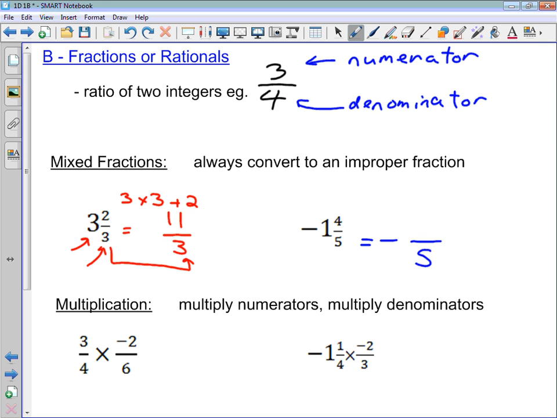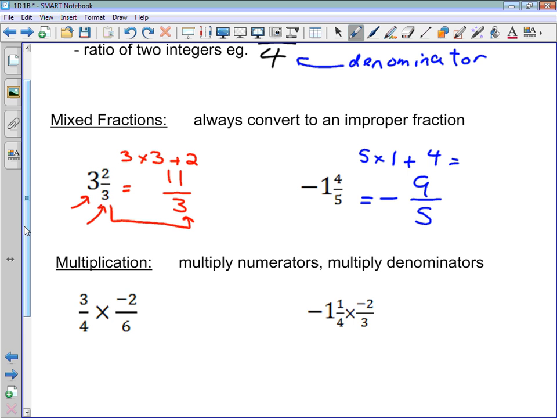So it's going to be something over 5. What is that something going to be? Well, let's see. We take what we have down here, 5. We multiply it by our whole number, 1. So 5 times 1. And then we're going to add in that number up top, that 4. 5 times 1 is 5, plus 4 is 9. So we're going to end up with 9 over 5. Negative 9 over 5 is our improper fraction.